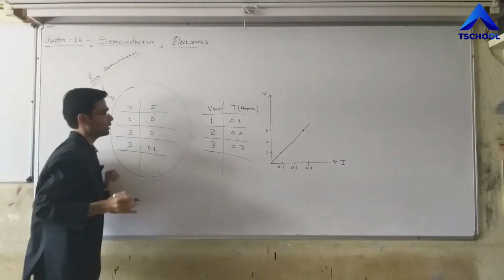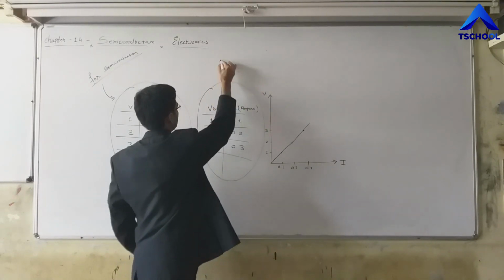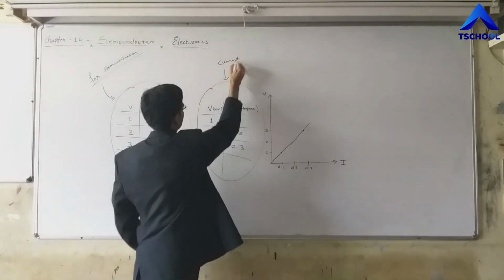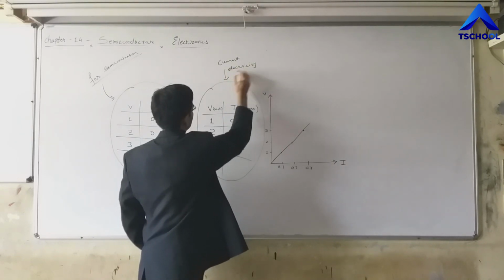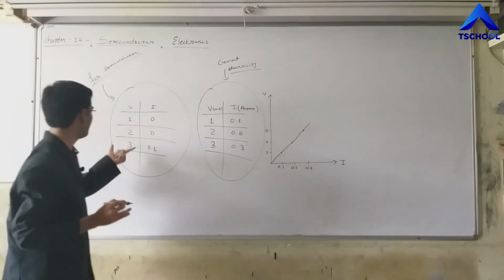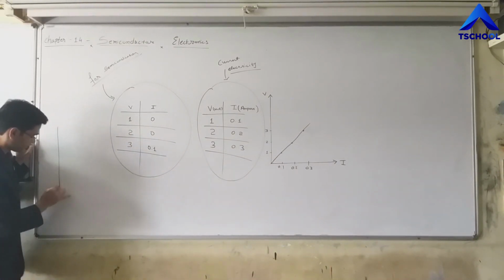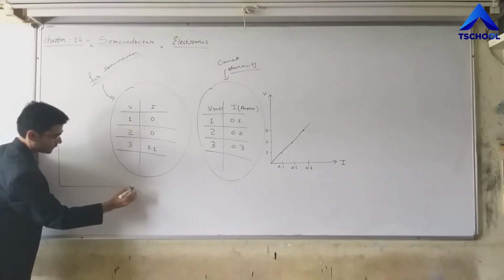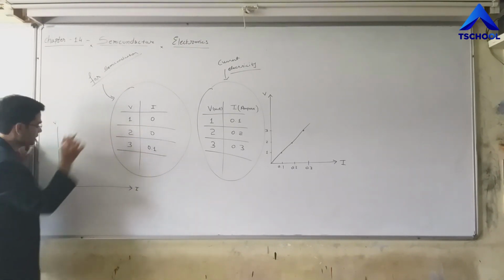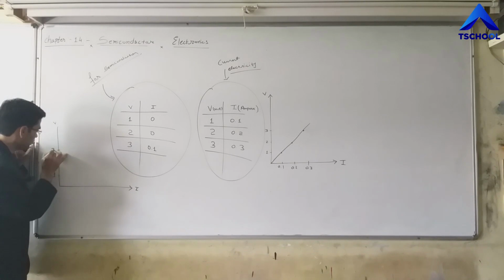If we plot the graph for semiconductors and for current electricity, then for semiconductors we take voltage and current. Voltage V is equal to 1 volt, 2 volt and 3 volt.